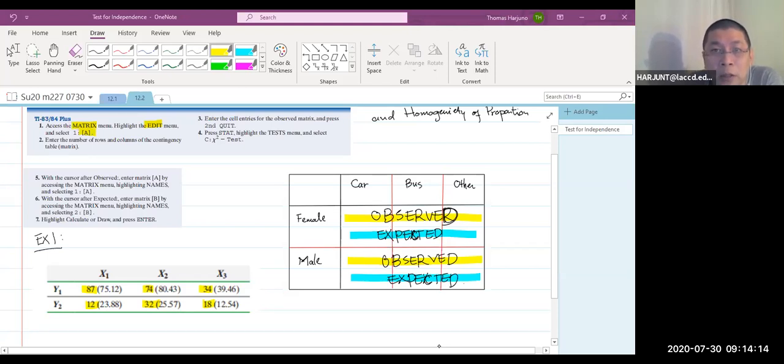Okay, now then the first row is 87, 74, 34. 87, enter, and then 74, enter, 34, enter, 12, enter, 32, enter, 80, enter.